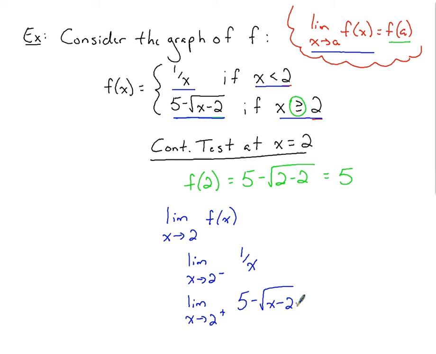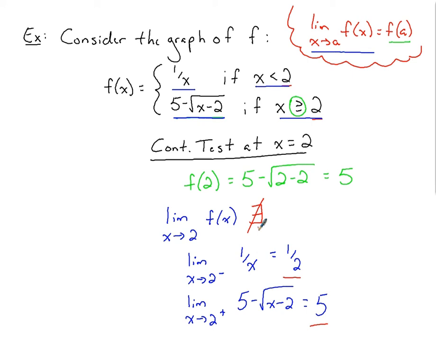Now, once I specify my pieces down here, I can go ahead and plug in this value of 2 to each of the respective pieces. When I plug 2 into this first piece, I get 1/2. Plugging 2 into the second piece, well, we already saw what happens up here, we get 5. As we understand limits, if these do not match up, the limit does not exist.